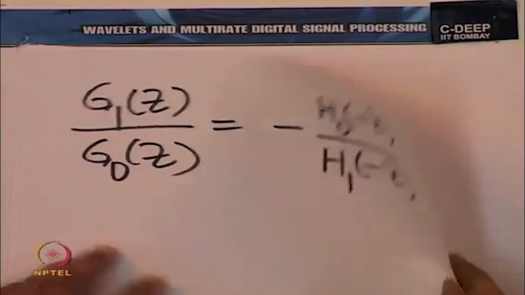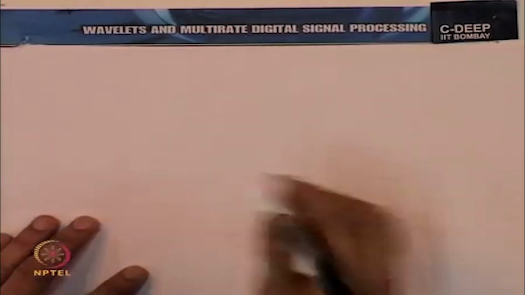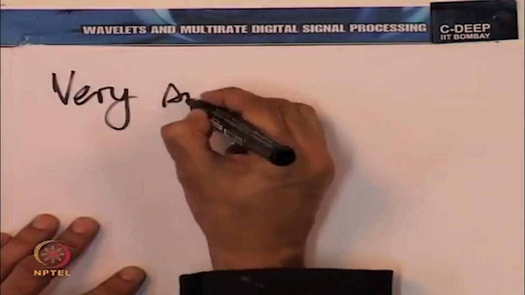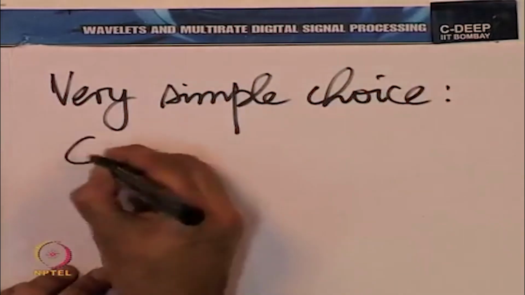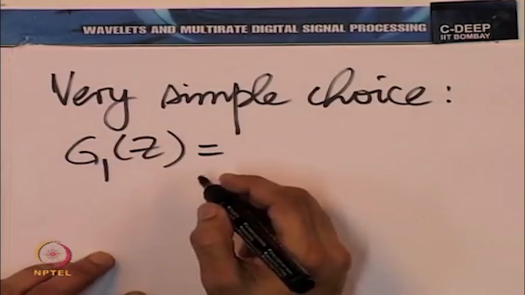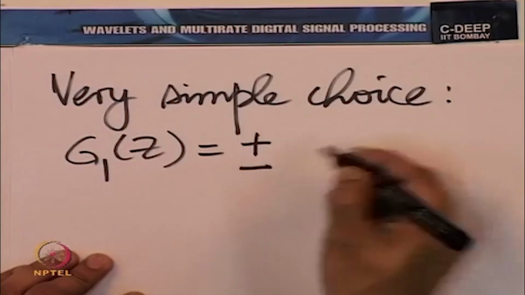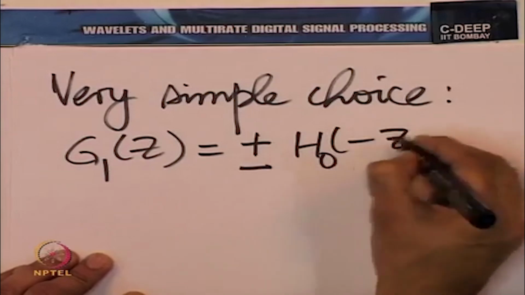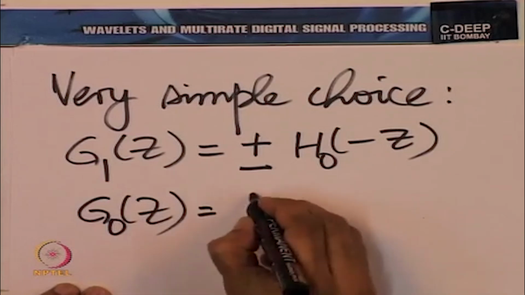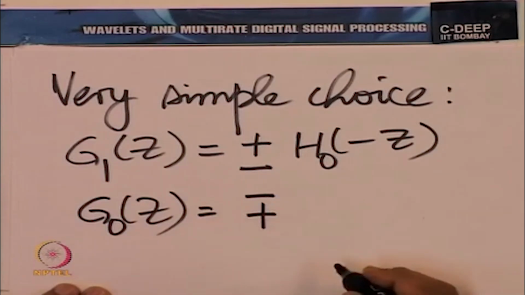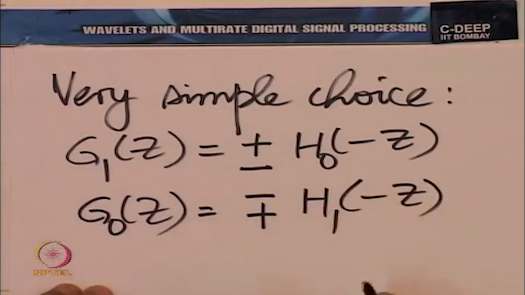And of course, a very simple choice is g 1 z equal to the numerator, let us say plus or minus h 0 minus z, and correspondingly g 0 z is minus respectively plus h 1 minus z. This is a very simple choice of synthesis filters from the analysis filters, which can give us alias cancellation.